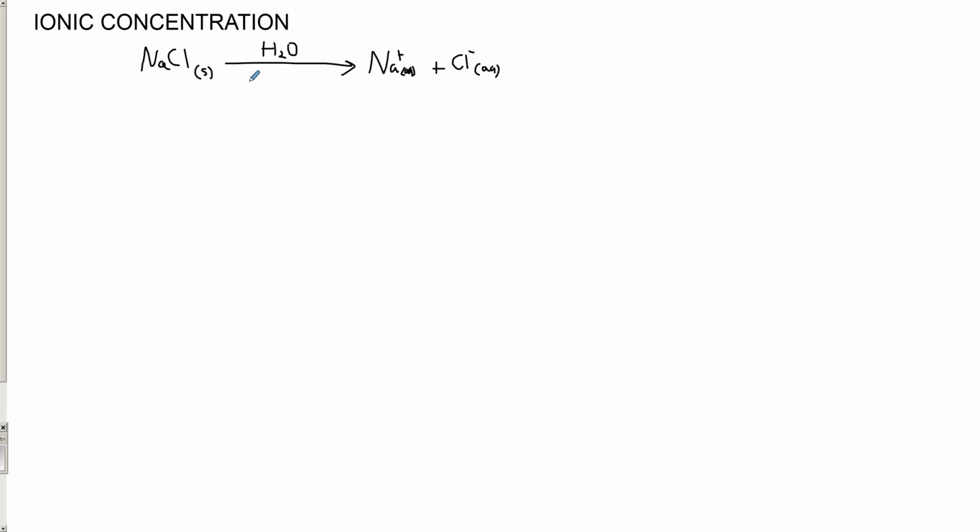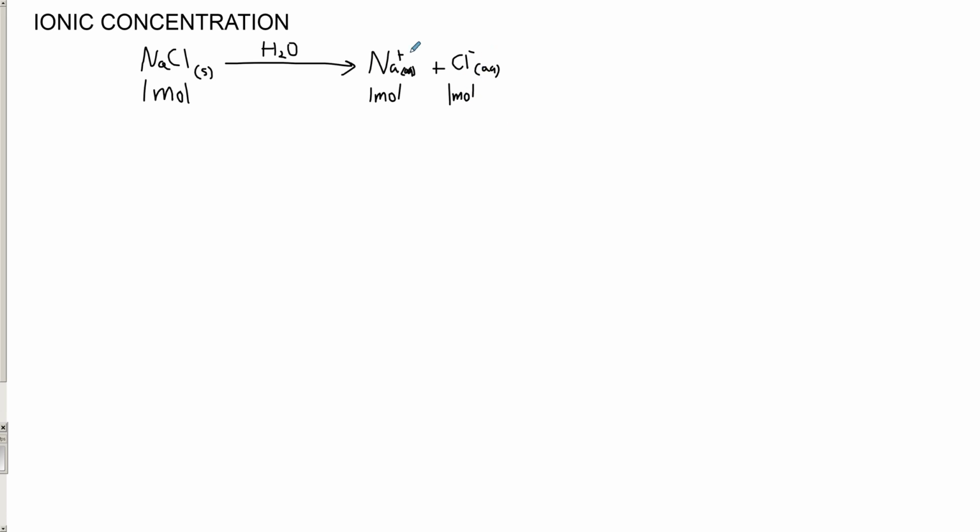What ionic concentration would tell us is if I dissolved, for example, 1 mole of sodium chloride in however much water we're talking about, I would get 1 mole of Na+ aqueous, and I would also get 1 mole of Cl- aqueous.